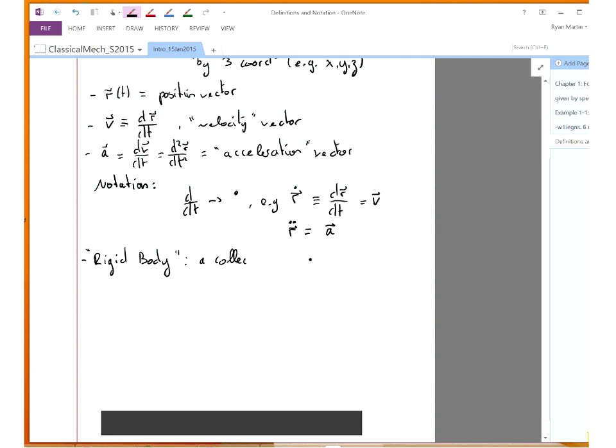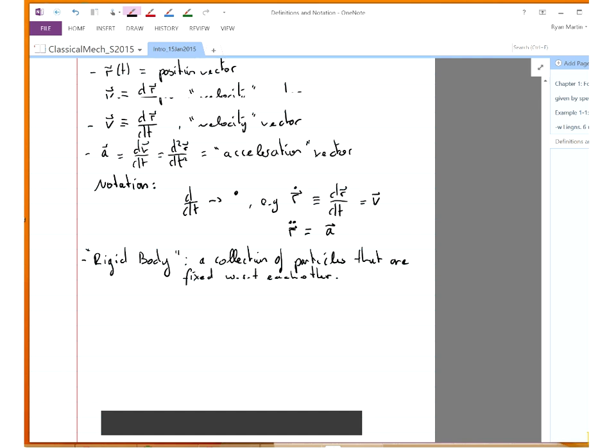Let's say it's a collection of particles that are fixed with respect to each other. I'll try to get better with the writing big and writing small. It keeps changing. With the new tablets, I have to figure out what the best zoom is.